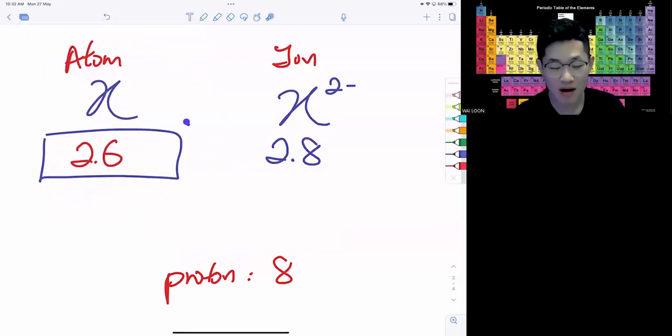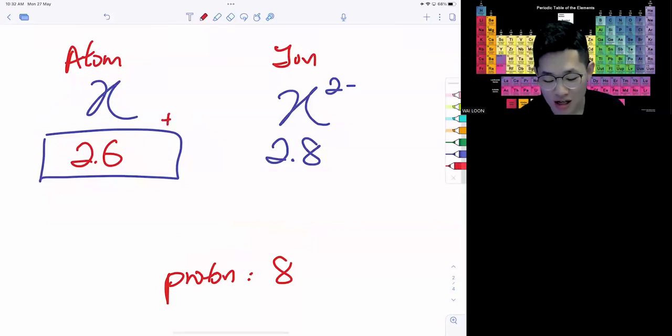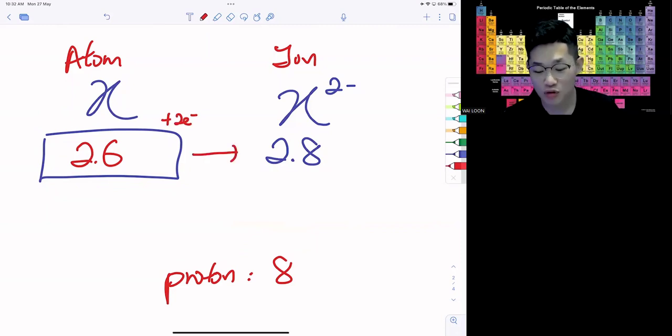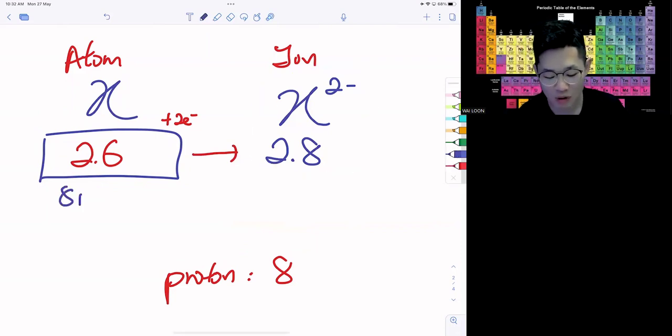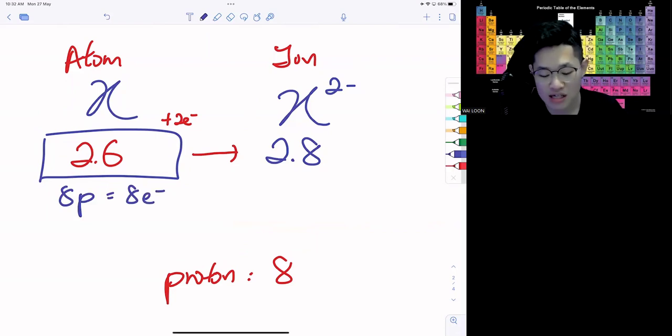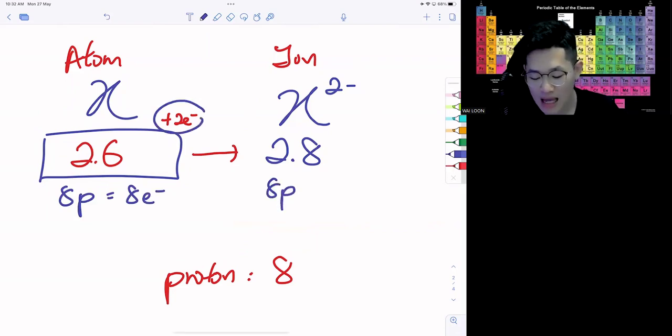Now I prove it back to show you. If atom X was having 2, 6, it has to receive 2 electrons to become stable, right? Originally it was having 8 proton, 8 electron. But once it received 2 electron, it became 8 proton, but 10 electron.